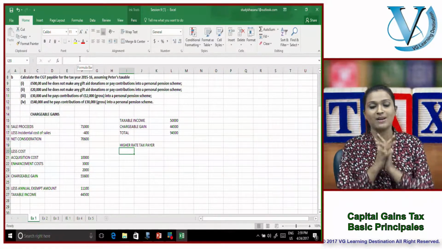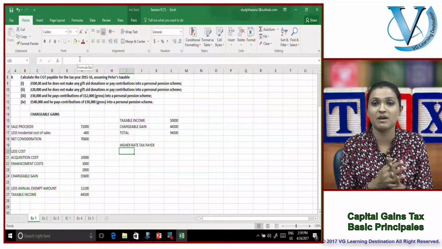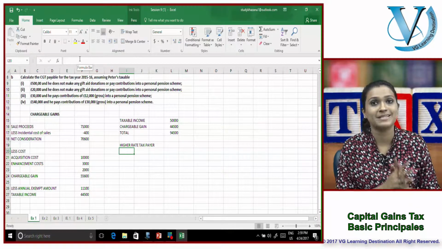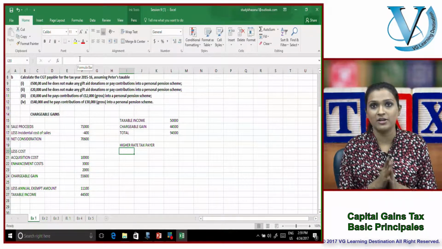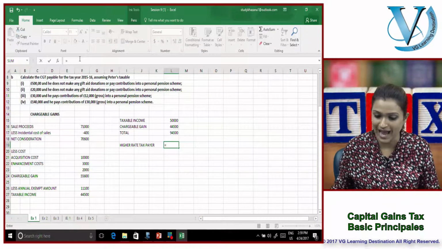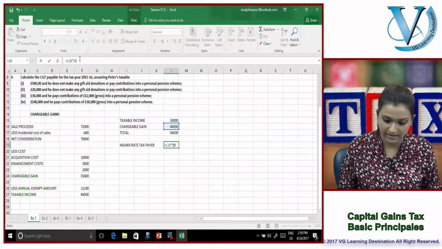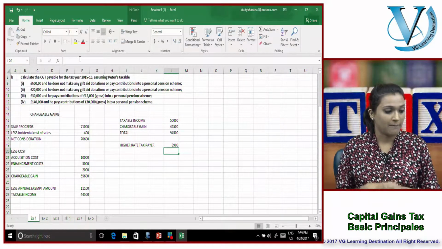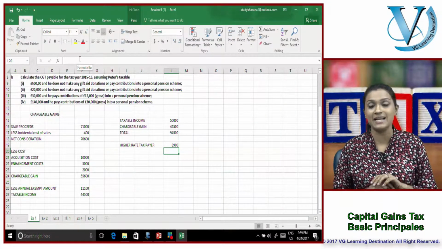Very clearly, because the income is now greater than 32,000 pounds, you are a higher rate taxpayer for your CGT purposes. Higher rate, this is not a residential property. The examiner has clearly told you that this is not a residential property. So what are you going to tax it at? You're going to tax your chargeable gains at 20% liability, becoming a total of 8,900 as your capital gains tax liability.